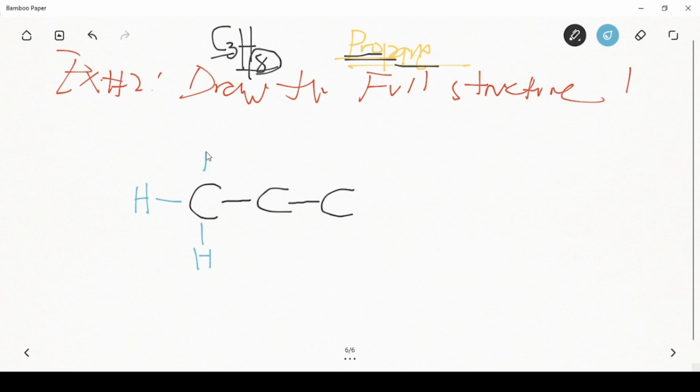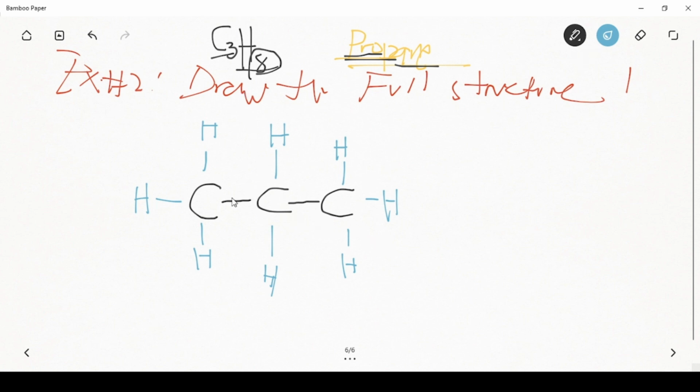Okay, 3 hydrogens, and the other side will also carry 3 hydrogens. The carbon in the middle will carry only 2 hydrogens.